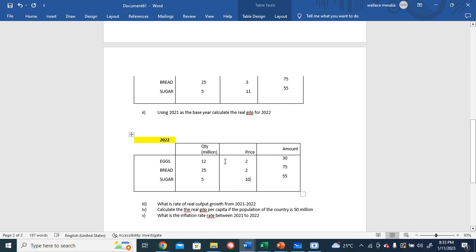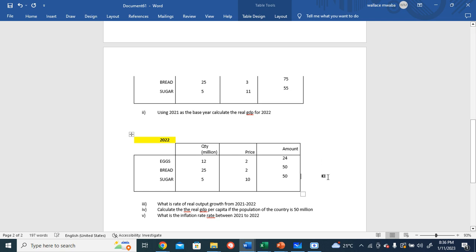Here we put 2, 2, and 10. Right, so we're going to say 12 times 2, we get 24 million. And 25 times 2, we get 50 million.